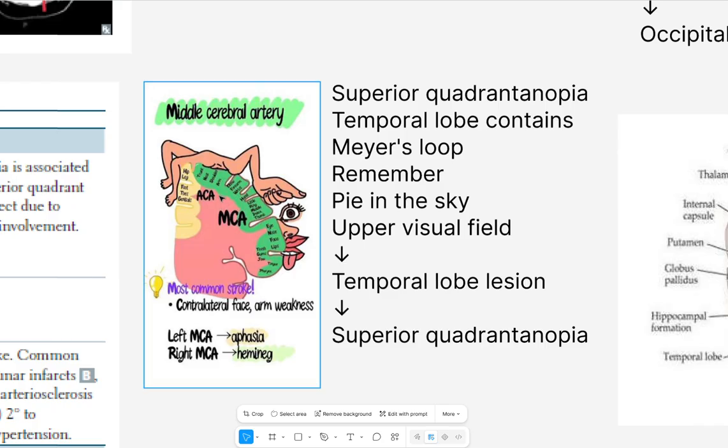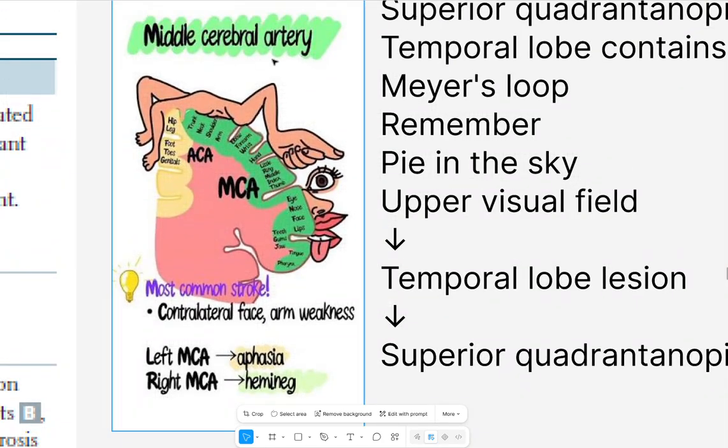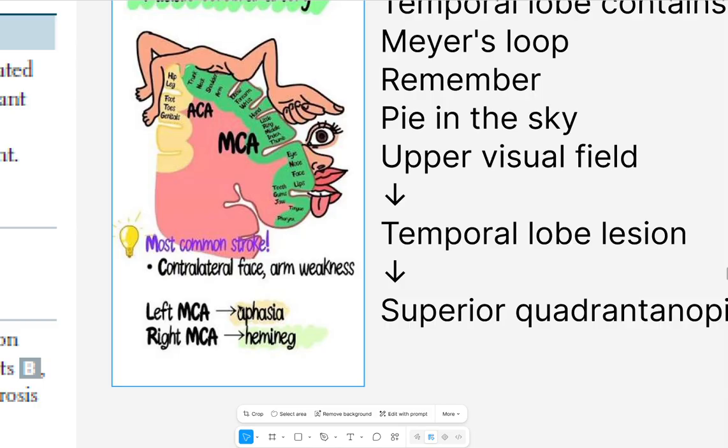superior quadrantanopia, right? So whenever you have a middle cerebral artery stroke, another thing, you get the language deficit, these Broca's or Wernicke's aphasia from the dominant hemisphere, right? So if there is a stroke of the left middle cerebral artery, which is your dominant hemisphere, you get an aphasia. Otherwise, you don't, right?